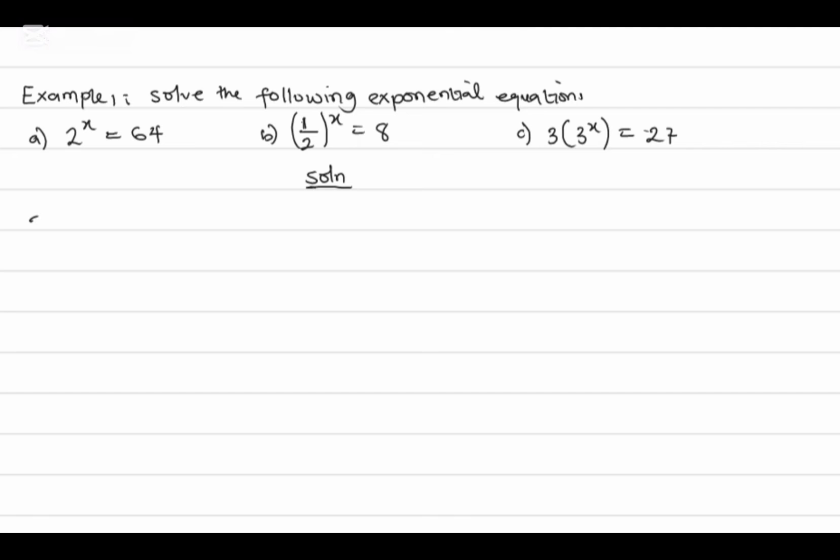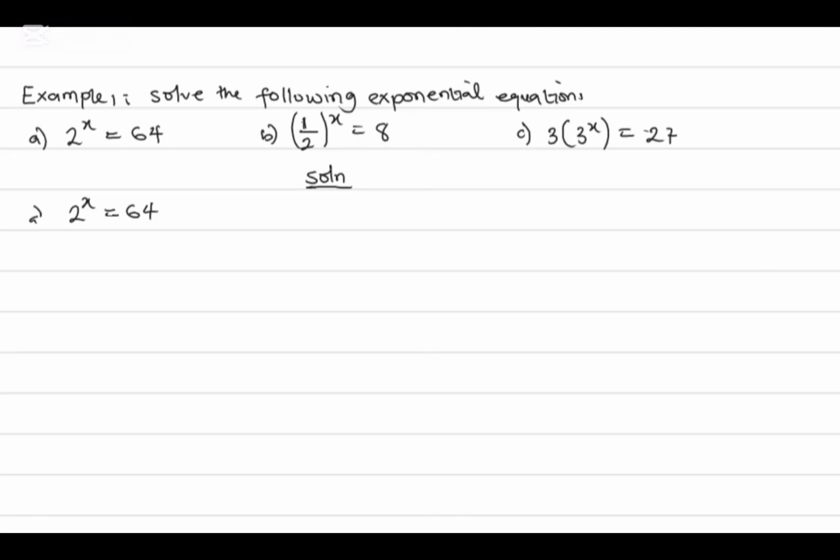How do we solve this first question? We have 2 raised to power x is equal to 64. This is quite an easy one. The first thing we simply do is ask, what can I make common here? The base is what you should make common, because the base on the left hand side is 2. On the right hand side, can I turn the 64 to 2 raised to power anything?